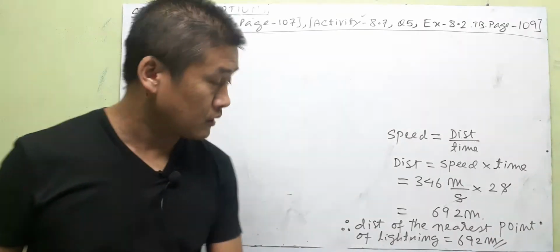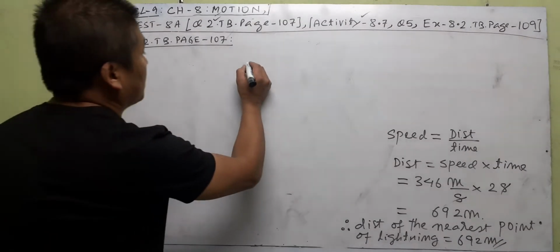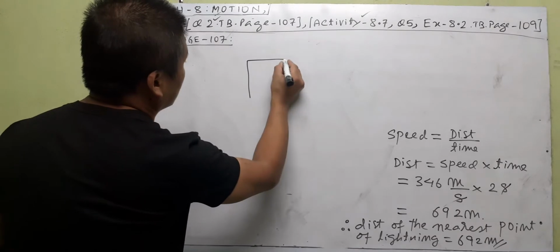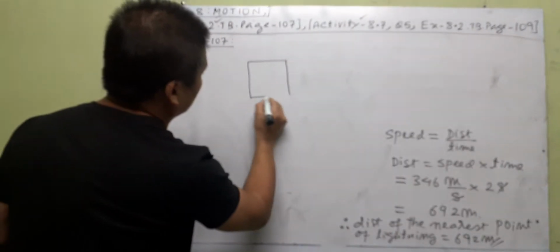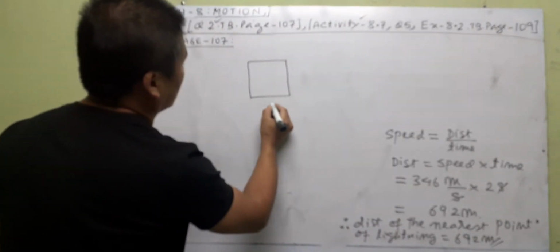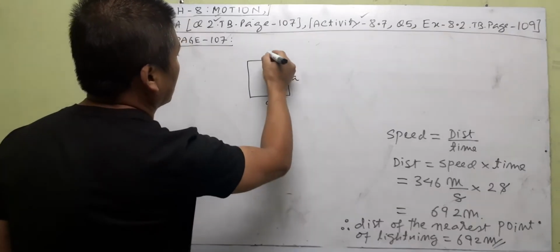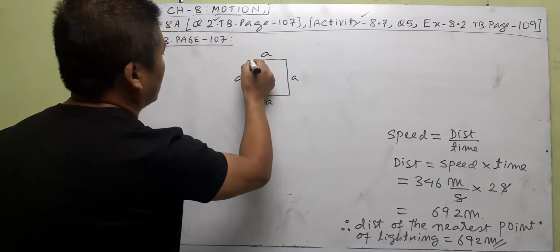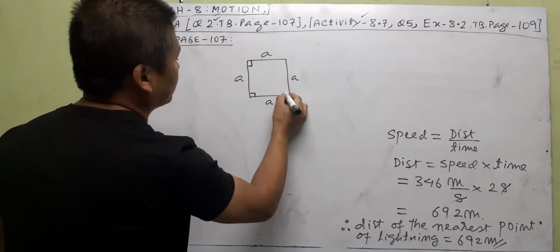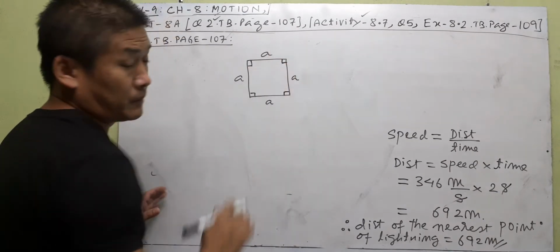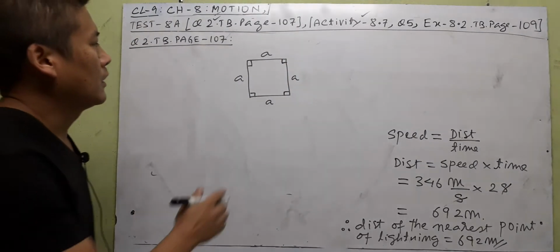initial position? So here the farmer has a square field, and we know that square means all the 4 sides are equal, and all the 4 corner angles are 90 degrees. That is the meaning of a square field.